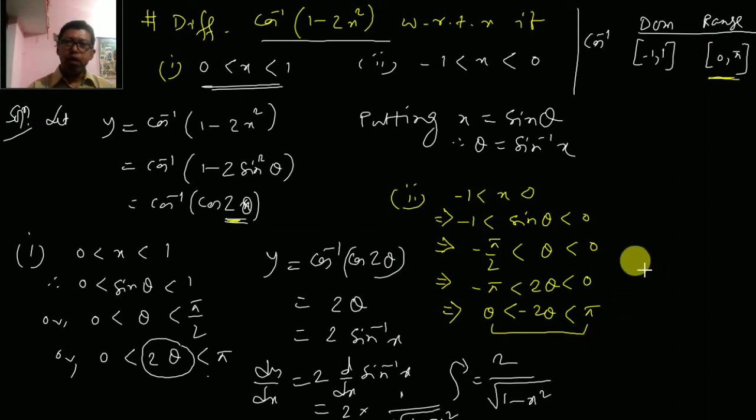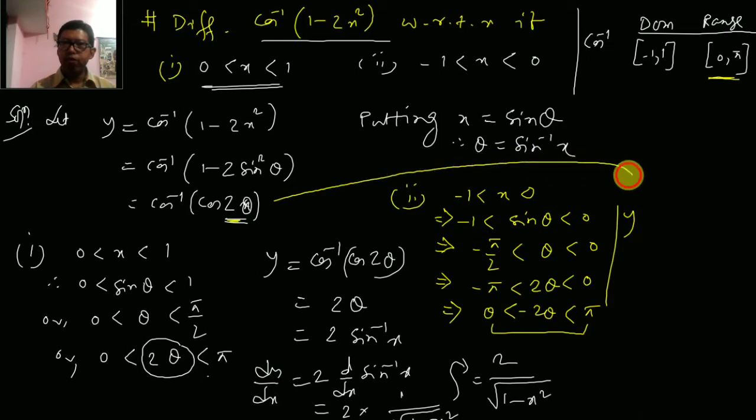So now you may put the substitution carefully. So y, what is y? y is cos inverse of cos 2 theta, isn't it? y is equal to cos inverse of cos 2 theta, but you can't write now 2 theta. It will be cos inverse of cos of minus 2 theta.